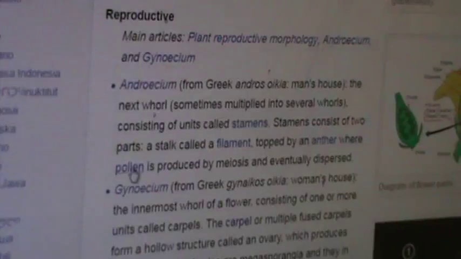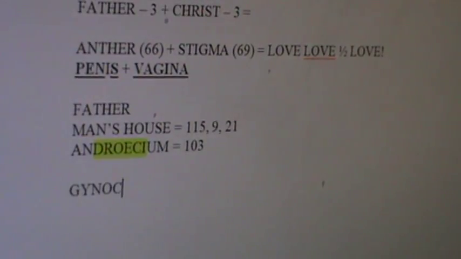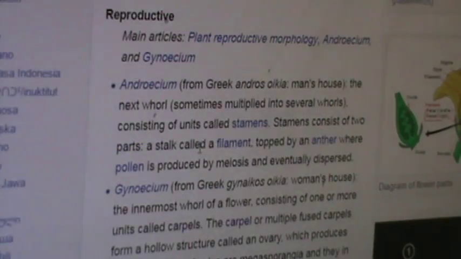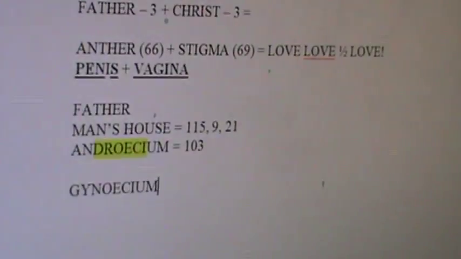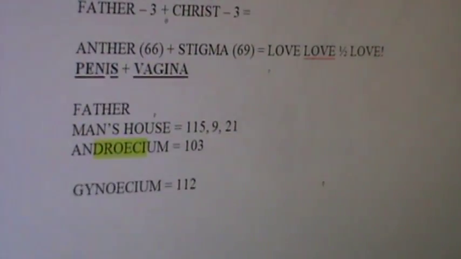And the female is what? Gynoecium? Gynoecium. 112. 9 points difference. Can you find love in that as well?